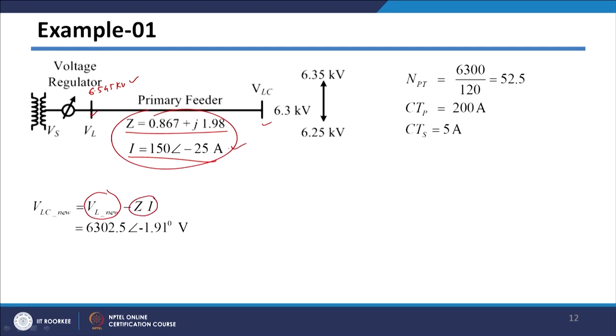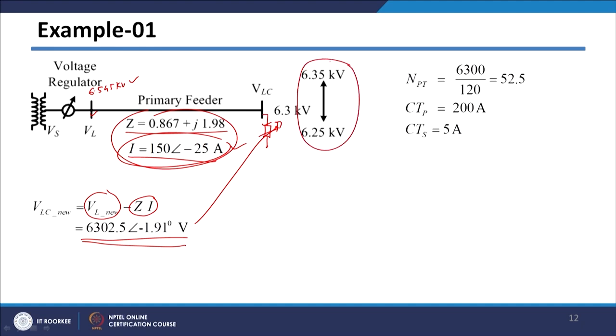Here I am keeping the current constant; the load connected here I am deliberately considering as a constant current load. In that case, you can see that the new voltage after changing the tap position is 6.3 kV. So it is within the range we have considered. So, whatever tap position we have chosen, it is the correct tap position.